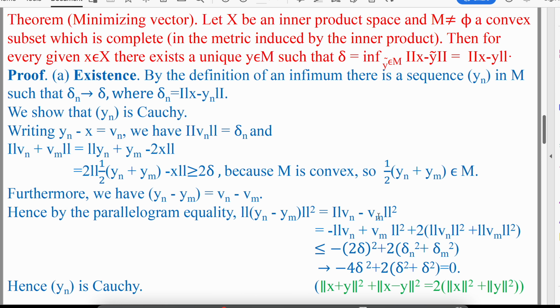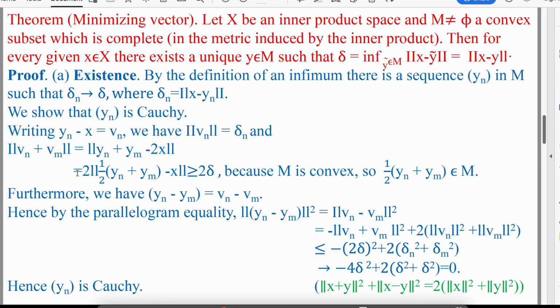If we apply the parallelogram equality here, this is minus norm vn plus vm whole square plus 2 times norm vn square plus norm vm square. We have applied this.